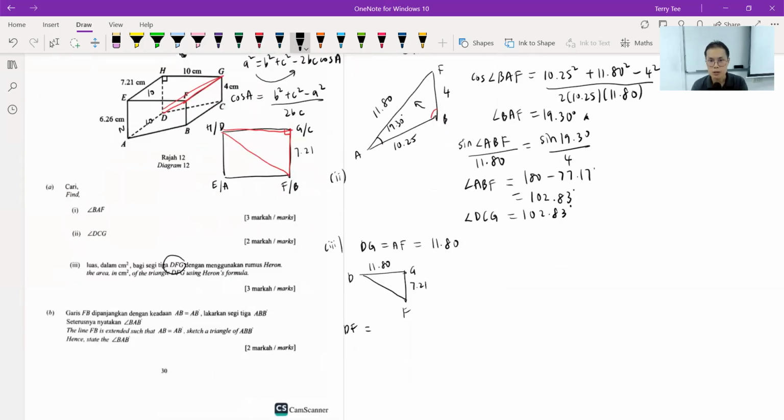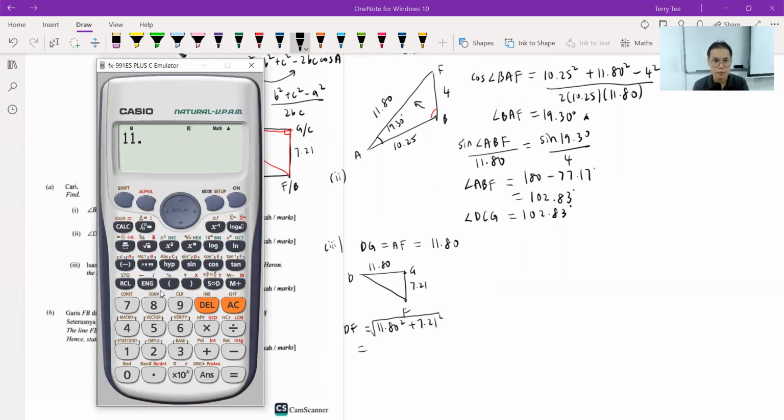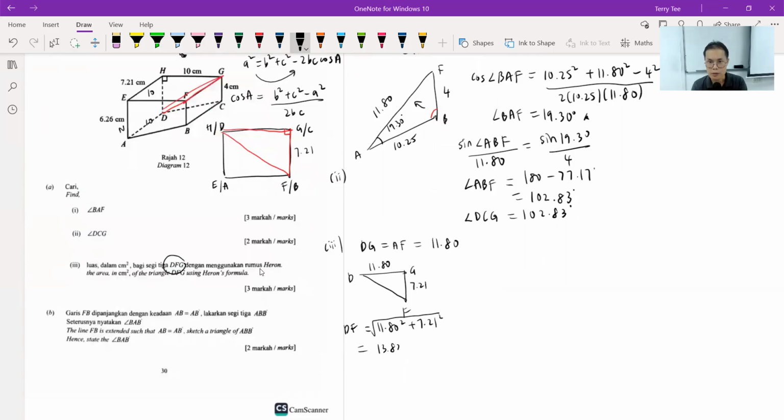DF will be the square root of 11.80 squared plus 7.21 squared. Okay, let's count. 11.8, 7.21, square root over, 13.83. Okay, I got 13.83 here. So I know my DF already.